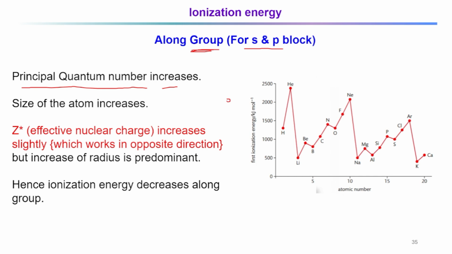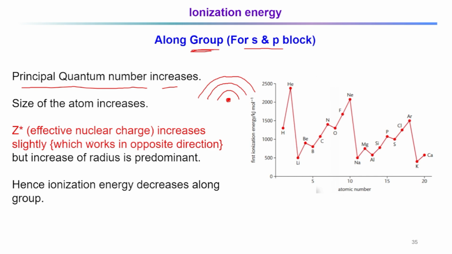So I will try to draw again. If this is the attractive core, and these are the orbitals where these outer electrons are roaming, the principal quantum number is increasing as we go from top to down of the group. The size of the atom is also increasing because we are putting more and more orbits.